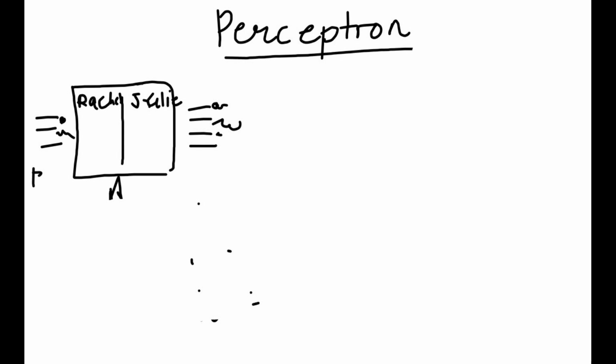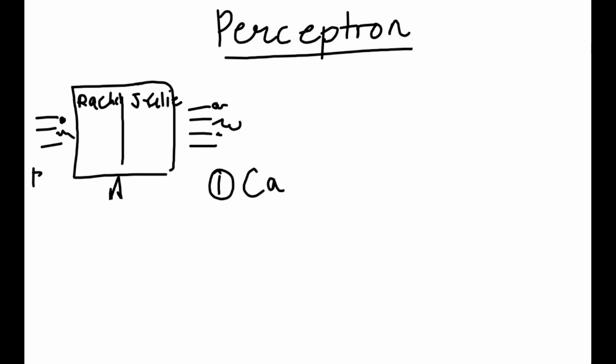So as Ross, I decided to use perceptrons to make the decision for me to choose Rachel or Julie or both. For the perceptron, Ross first has to choose the inputs.